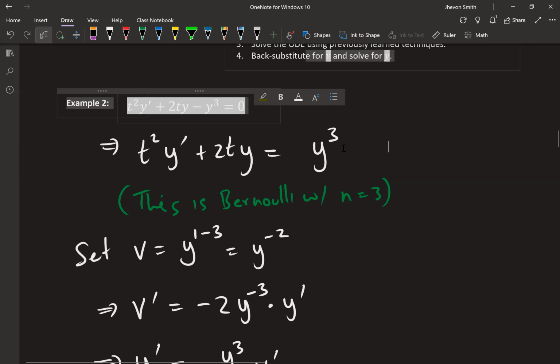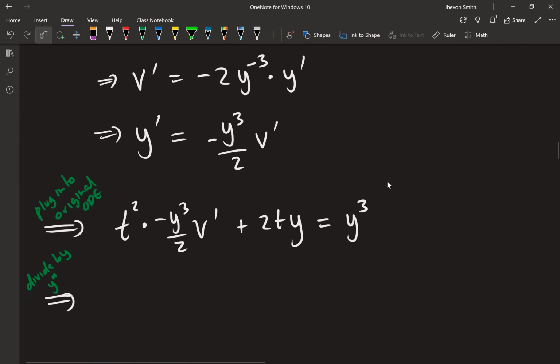I just moved the y cubed to the other side, so it's all equal to y cubed. What you're going to do is just replace the y prime. Everything else is going to fall in line. This is going to magically turn into a first order equation. Not right away, but you're going to see what happens.